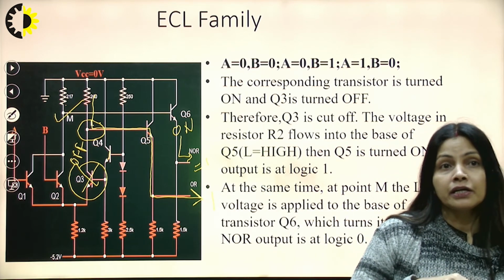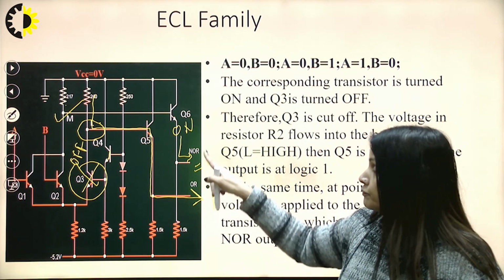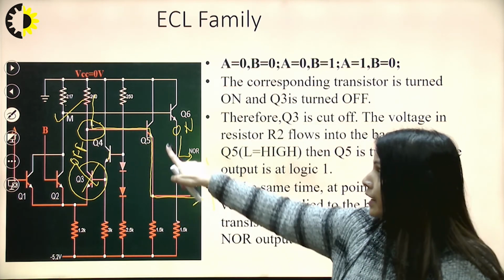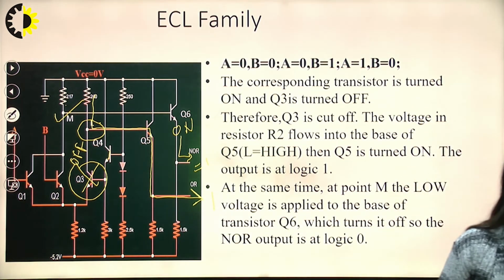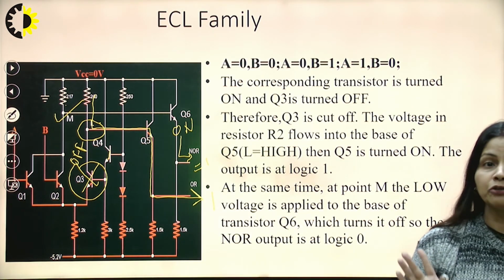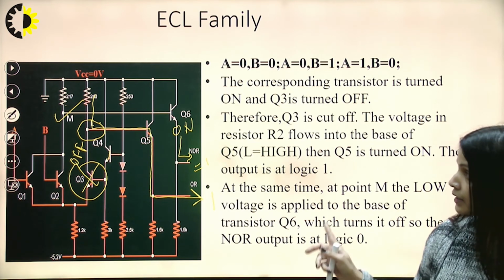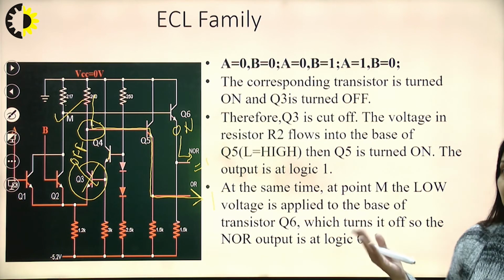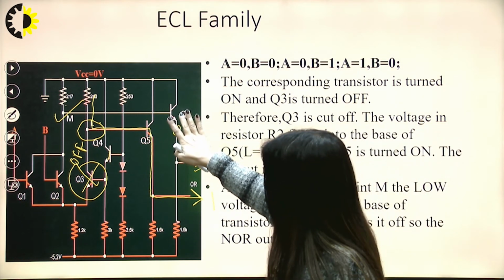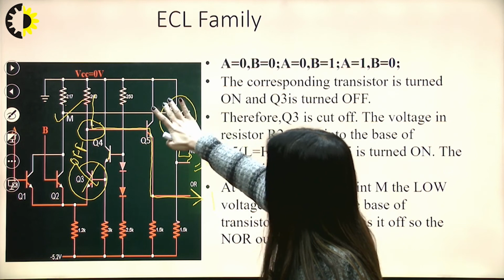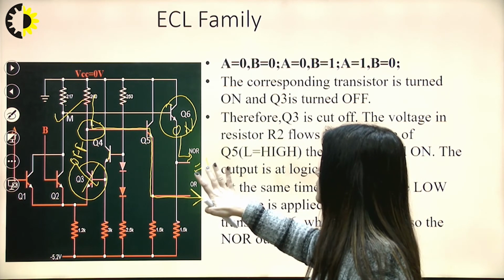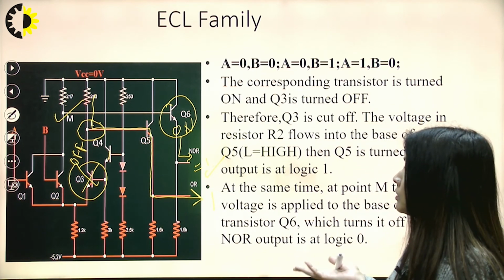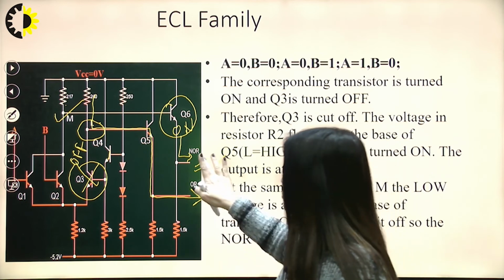So this L is high, and at the same point the M is low, the low voltage is applied to the base of the transistor Q6, and then it will turn on the circuit, and for the 1 0 outputs, this is going to be 0.